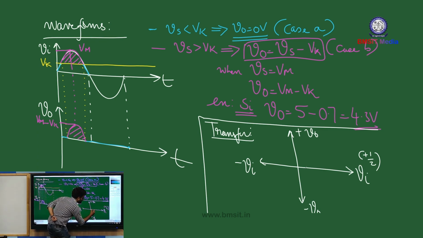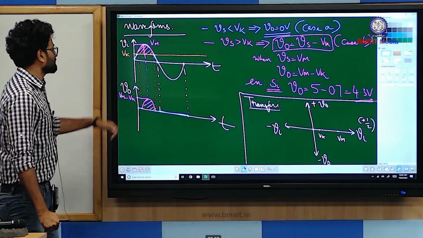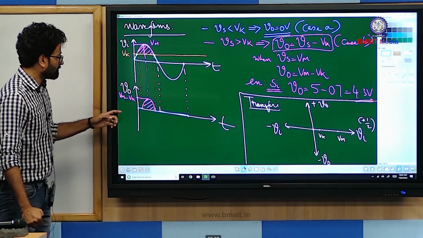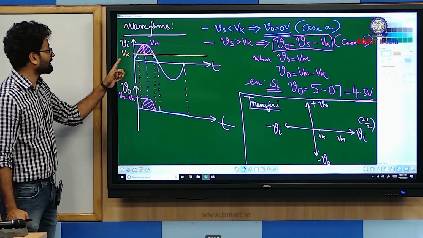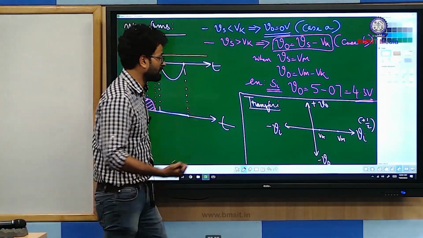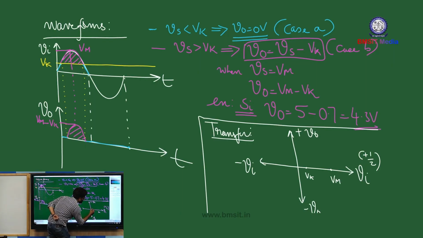Let us assume that this is the Vk level, and this is the maximum value of the input. If you see your output, it stays at 0 volt level as long as your input is less than Vk. So you can mark that same length along the y-axis as well.